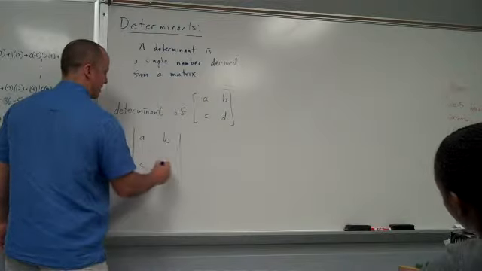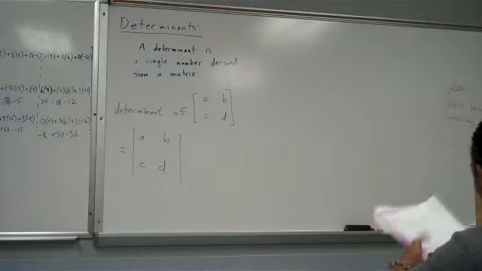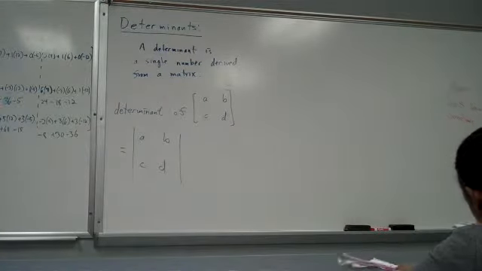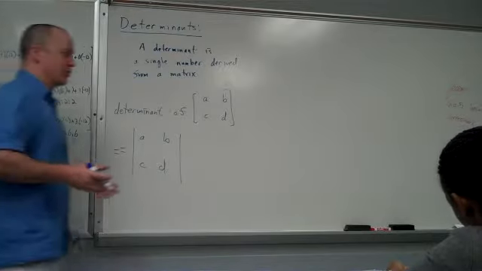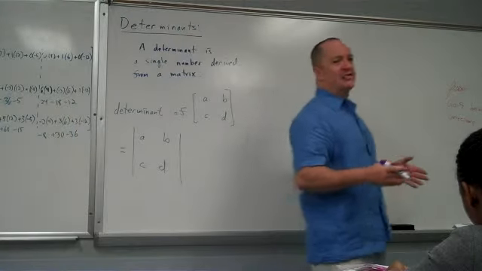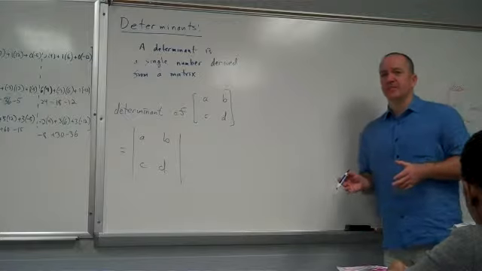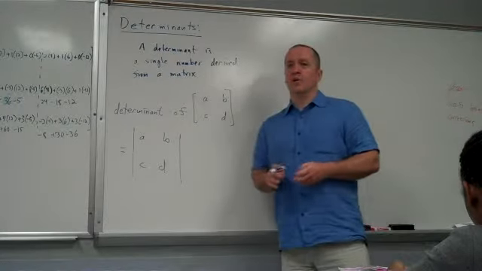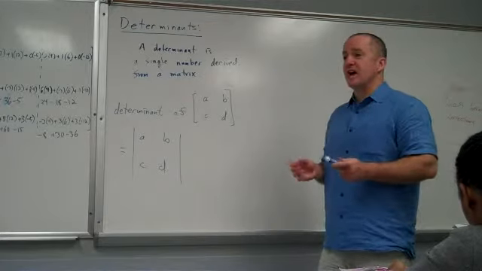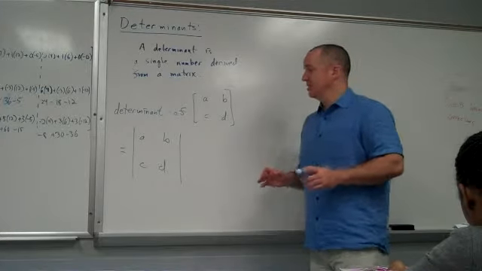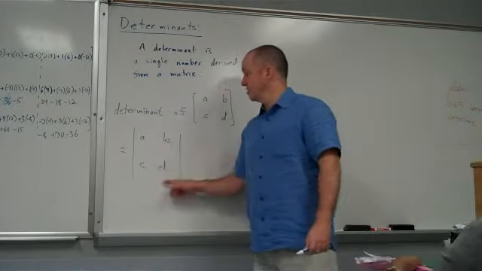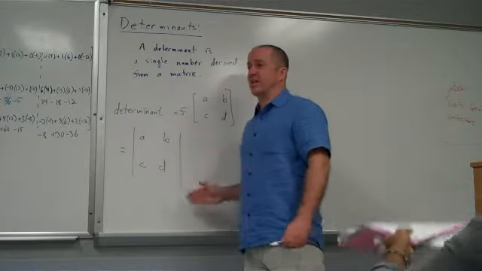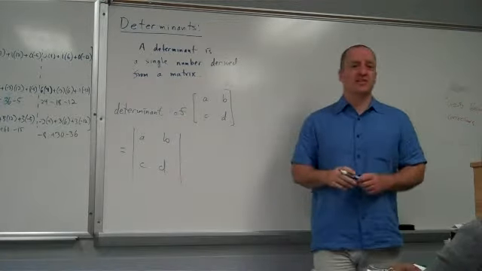So if you see what looks like an absolute value sign around an array of numbers, you're being asked to find a determinant. Okay, so that's the symbol of it. So if on the next test, I don't give any directions, but I put a matrix, and instead of brackets, it has straight lines on either side, you are being asked to find the determinant.